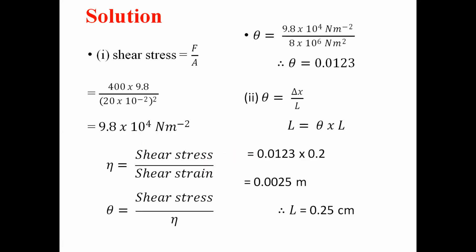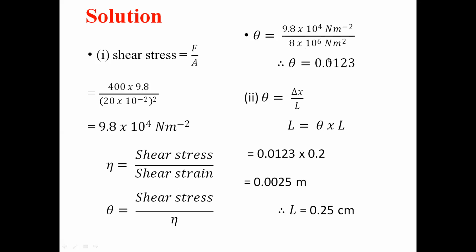This is the problem for the solutions and calculations. Shear stress by mu, where mu means modulus of rigidity. Shear stress is 9.8 into 10 to the power of 4, and theta equals shear stress by nu, where nu is the modulus of rigidity, 18 into 10 to the power of 6 Newton per meter square.